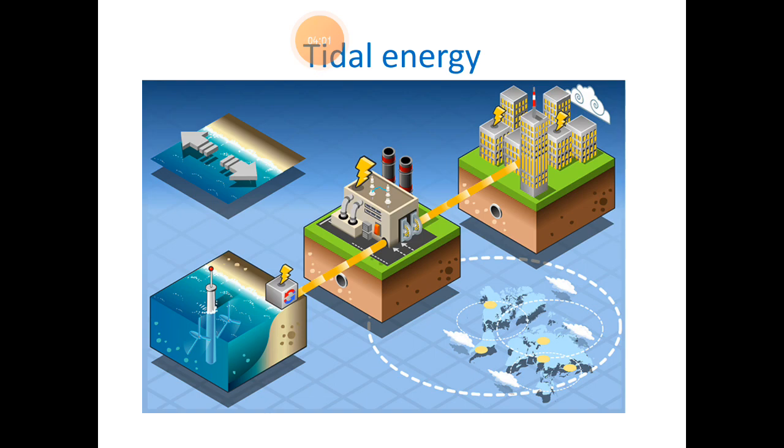Now, that mechanical energy is converted into storable electrical energy using generators or grid, etc. Later, it is transported to the area where the need is. This is how our tidal force is converted into electrical energy.